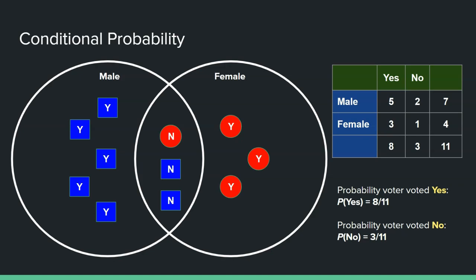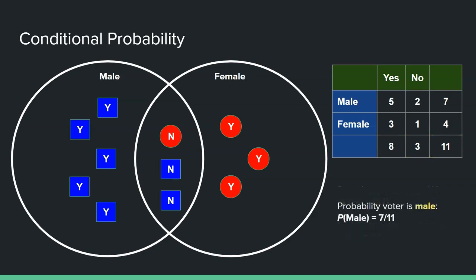The number of people who voted no is 3 over 11, because there were 3 no votes out of 11 people. We can also determine that the probability the voter is male in this election is 7 over 11, because there were 7 males out of a total of 11 voters.